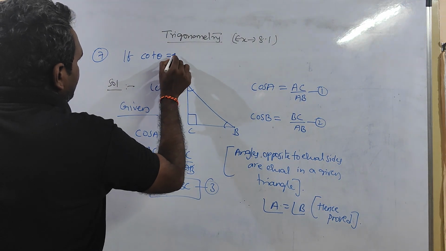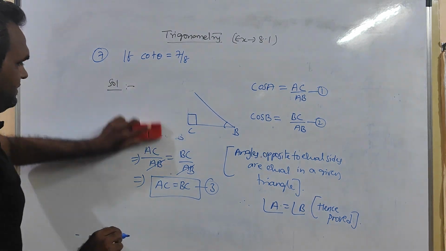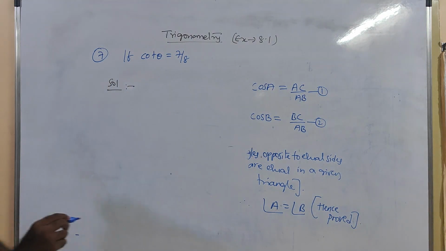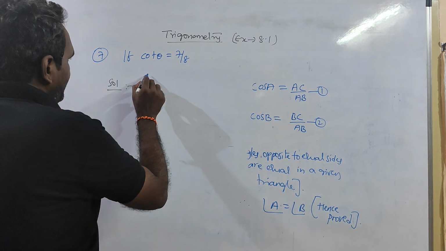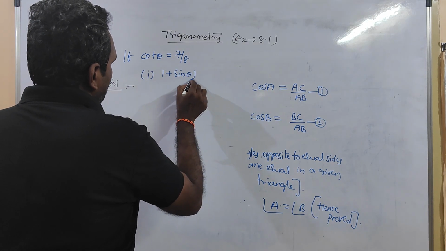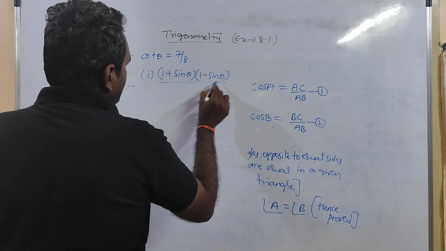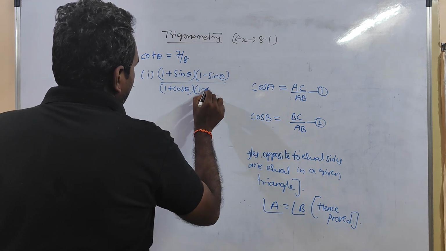Question number 7 is telling that if cot theta is equal to 7 by 8, then we have to evaluate: first one is (1 plus sin)(1 minus sin) over (1 plus cos)(1 minus cos).